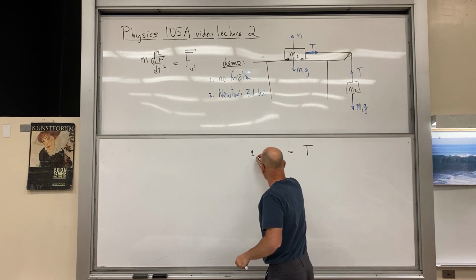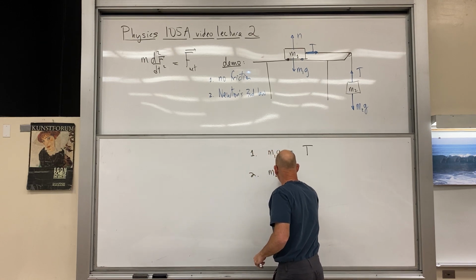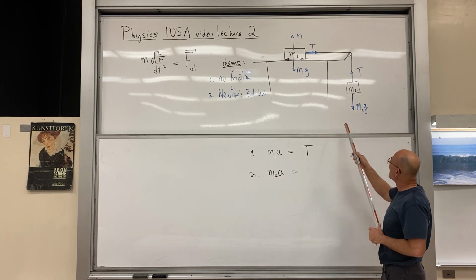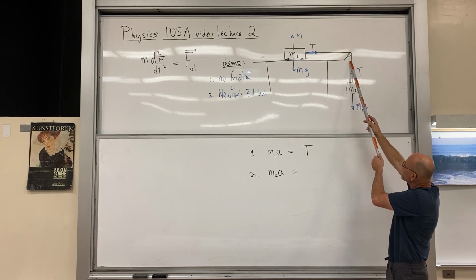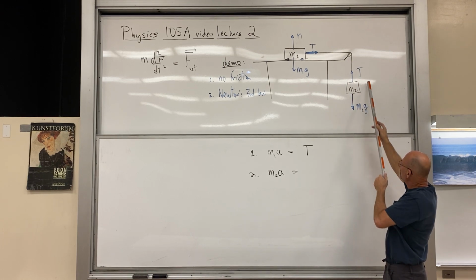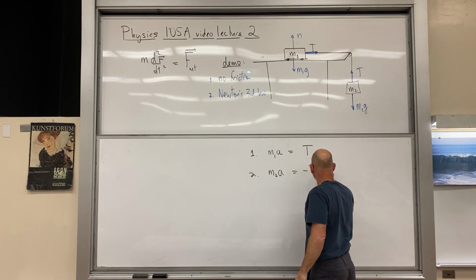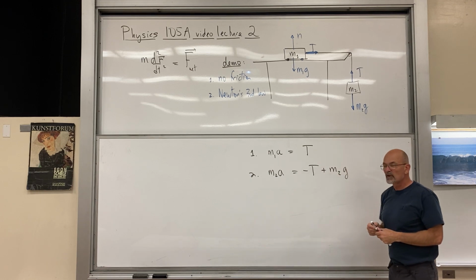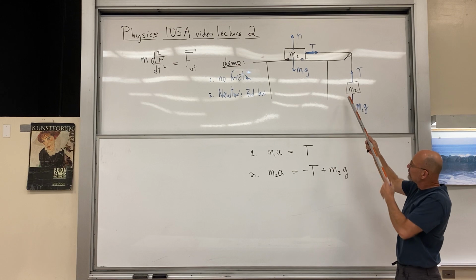For the second car, we have mass 2 times acceleration. And here, for the right side, we can say there's a tension pulling back on it and there's M2G pulling down on it. So we have minus tension plus M2G. So those are the two equations, Newton's law based on that free body diagram.